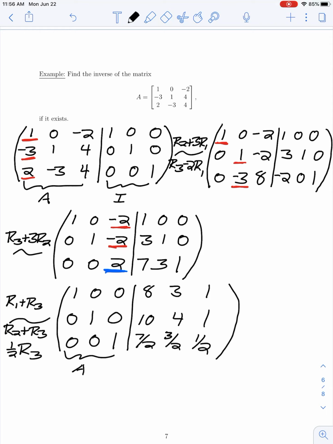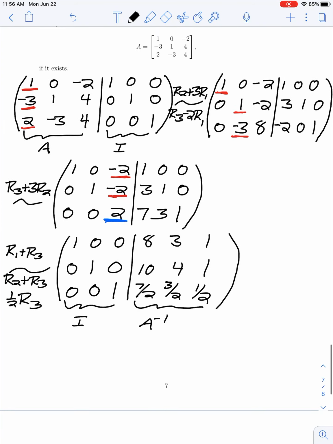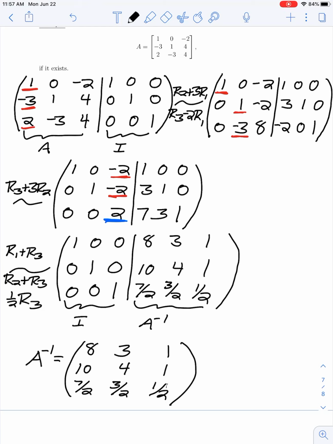So now what I have is the identity matrix I on the left-hand side, and the matrix that I'm left with on this right-hand side is A inverse. So here we find A inverse as 8, 3, 1, 10, 4, 1, 7 halves, 3 halves, 1/2.